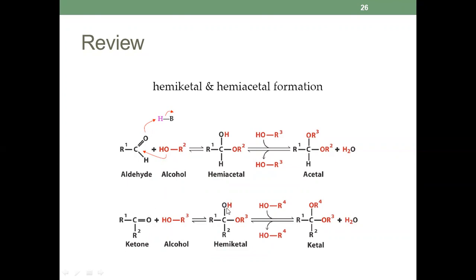You get an OH and an OR. But since the carbonyl carbon is connected to two Rs, you call this one a hemiketal. When the carbon is bonded to R and hydrogen, so you get your OH and OR, you call this one a hemiacetal.